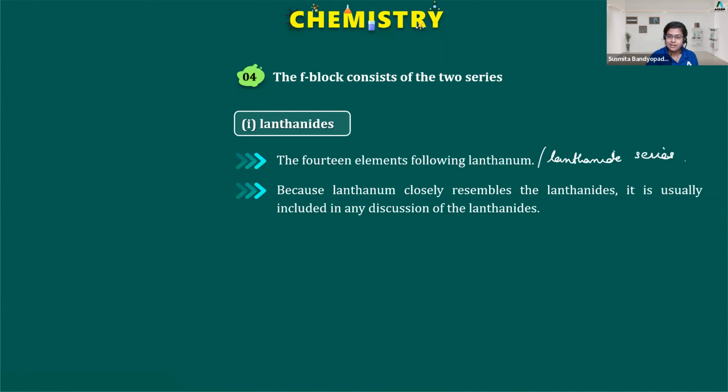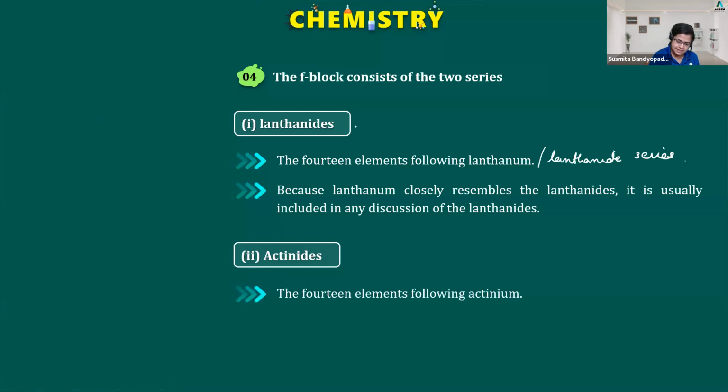Because all 14 resemble very closely in property the element with atomic number 57, lanthanum. Because lanthanum closely resembles them, it is known as the lanthanide series, in which the 4f orbital is being successively filled. How many elements in lanthanides? 14.